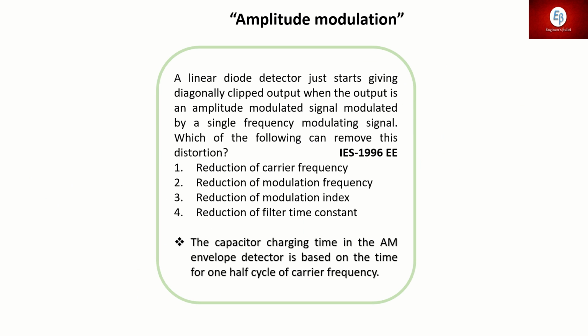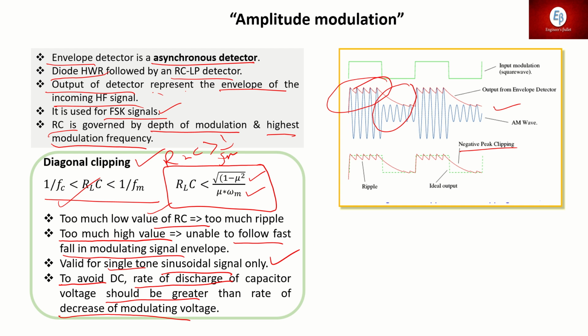Now let us take a question on this topic. A linear diode detector is giving a diagonal clipped output when the input is an amplitude modulated signal modulated by a single frequency modulating signal. Which of the following can remove this distortion? According to this formula, RLC is less than under root of 1 minus μ square upon μ into ωm.